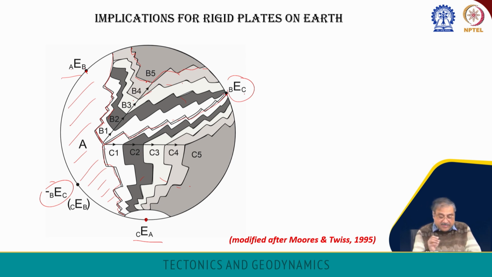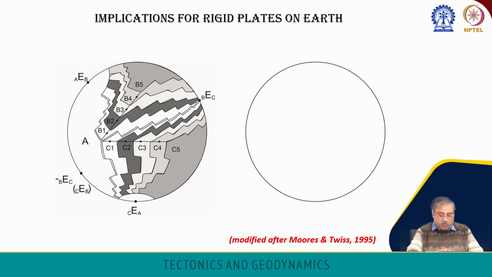Now, there is something that is unique here. When rotation takes place about an Euler pole, we can go to the next diagram to see this. When rotation takes place about, say, here, what happens is plate A is fixed.